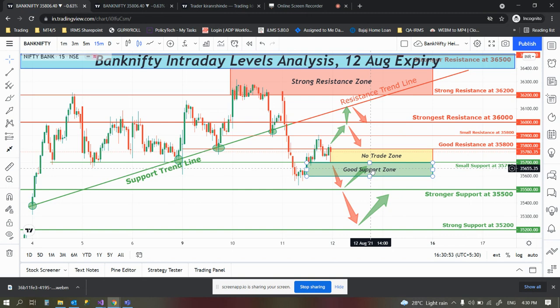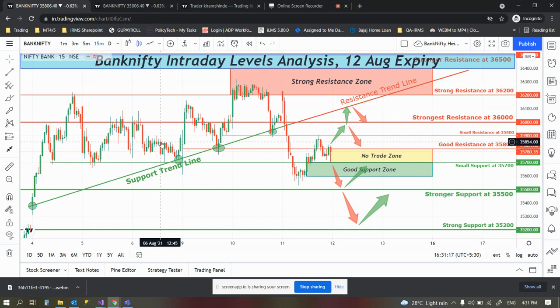Now let us see how to take the trades based on the market opening. So if market opens above, okay, now let me show you the level, at least 35,840 or 50 level around this, or from where the beginning of the arrow is, you can take around this level.